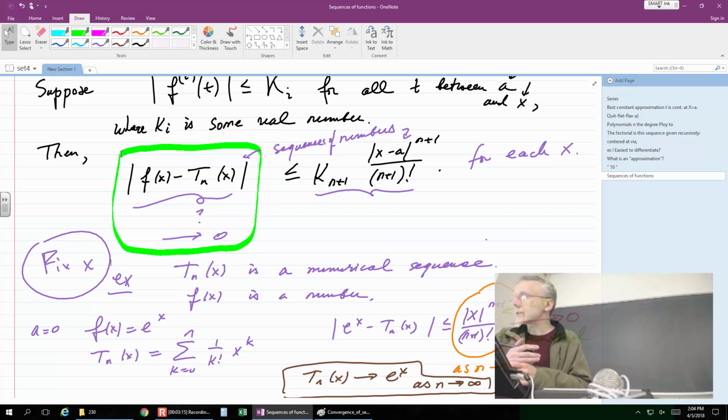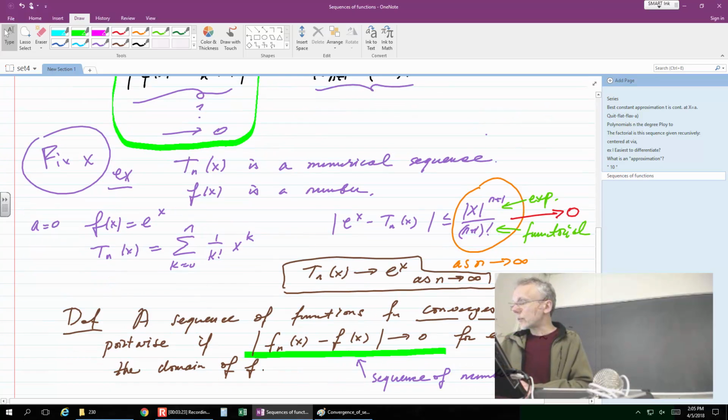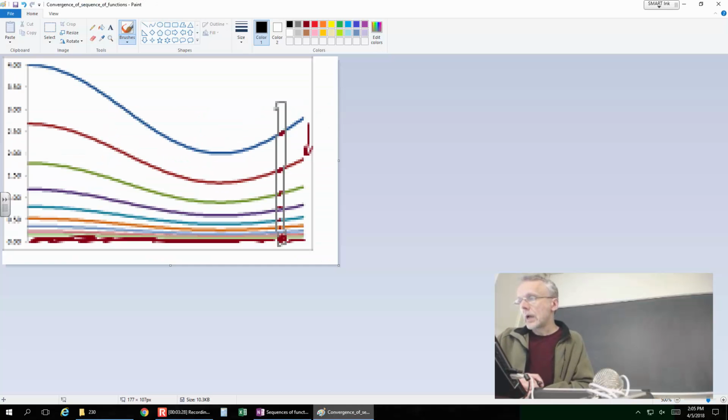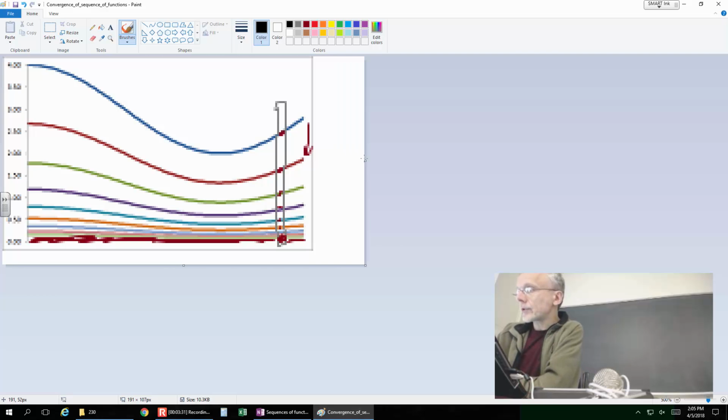It looks more complex, the idea, than it deserves, because the idea of convergence of functions is not really that complicated, because it matches the idea of convergence of numbers, and that's what I try to show you. That's the definition, but really this picture is a very good illustration of that idea. I have a bunch of functions, as you can see them here.